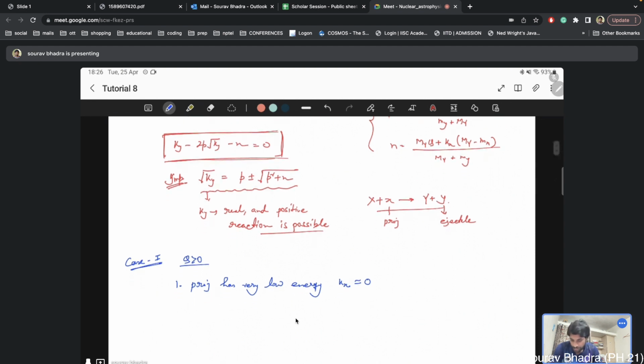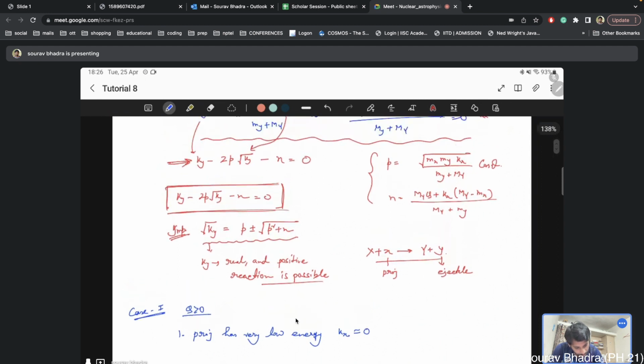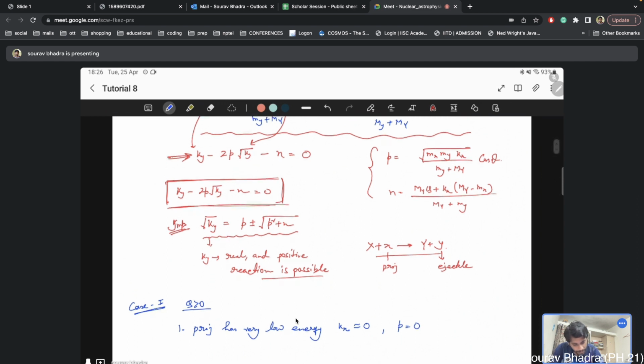Okay. Then kx equals 0 means, in P, here is the root over kx lying here, so if kx equals 0, then P equals 0, and this term here, this kx, will also be 0. So, the second term in the numerator is 0, only n remains, which is my q, the first term in the numerator, by the denominator as it is.